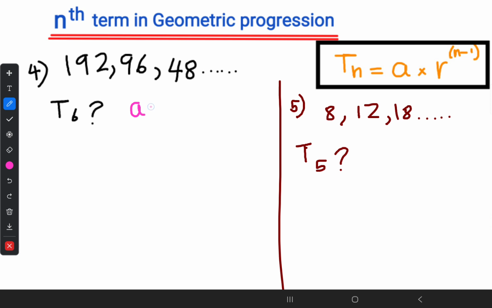A is 192. R is 96 divided by 192. It will give you 1 upon 2. 1 upon 2, 0.5 you can use. So I'll use this one as 0.5.